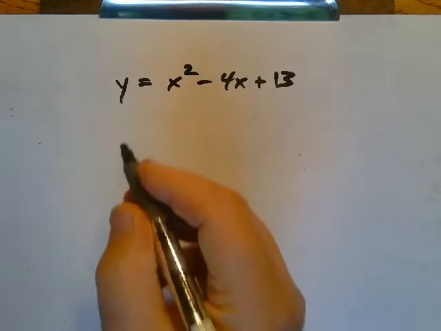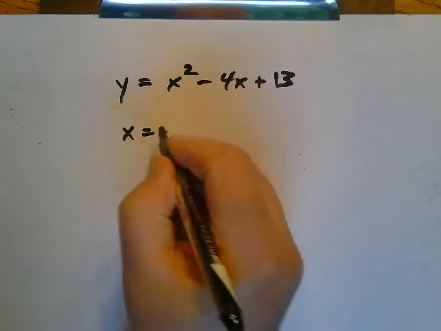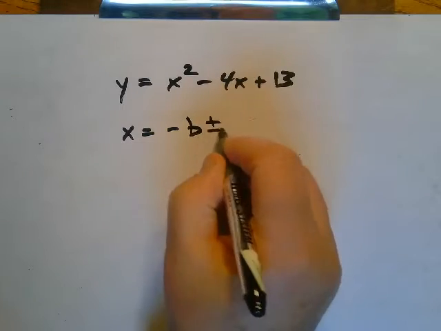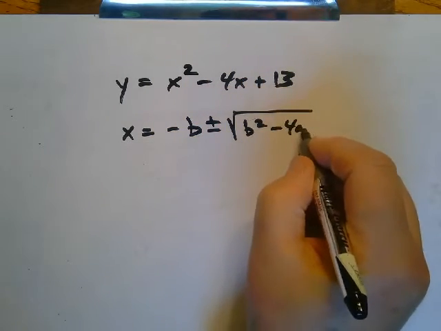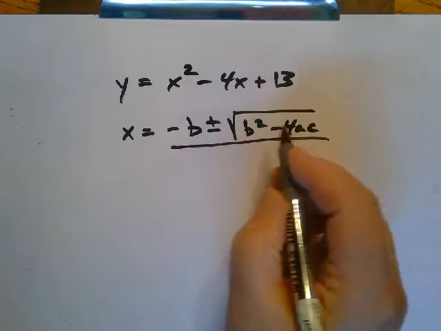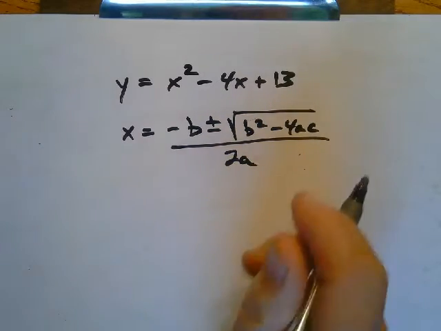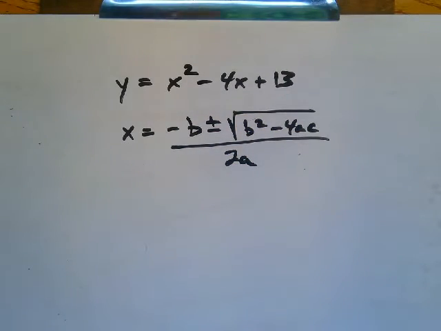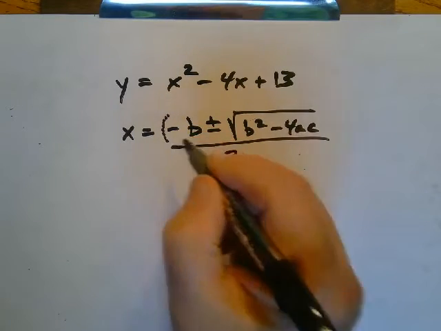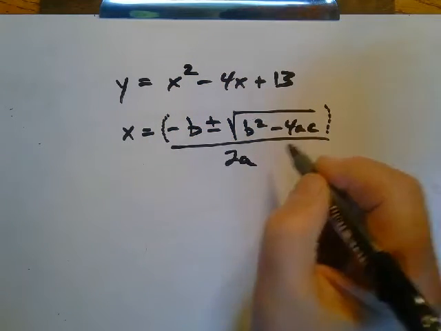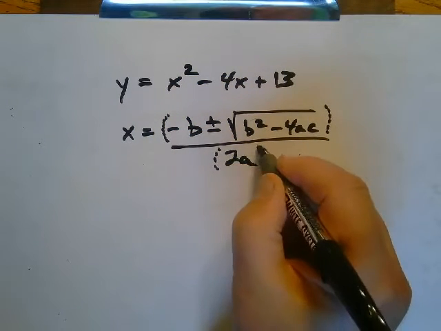Now, if you recall, the quadratic formula is x equals negative b plus or minus the square root of b squared minus 4ac all over 2 times a. And just a reminder that as you're using the quadratic formula, you've got to keep this in parentheses, and you'd have to keep this in parentheses in the calculator.